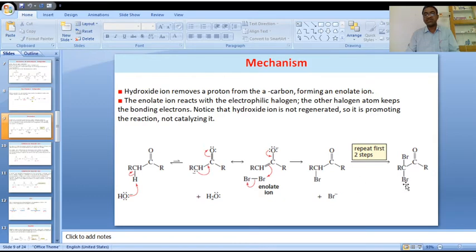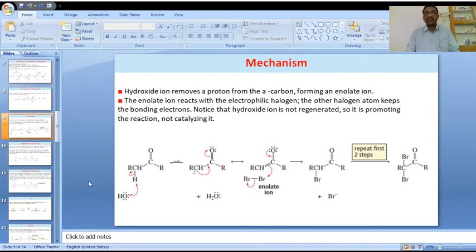Please observe, this is a special notice, because it is promoting the reaction, not catalyzing it. If it were catalyzing, the OH minus we use at the start should be released in the last step. But that is not observed here.